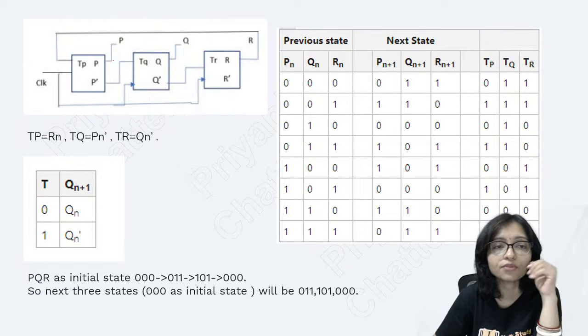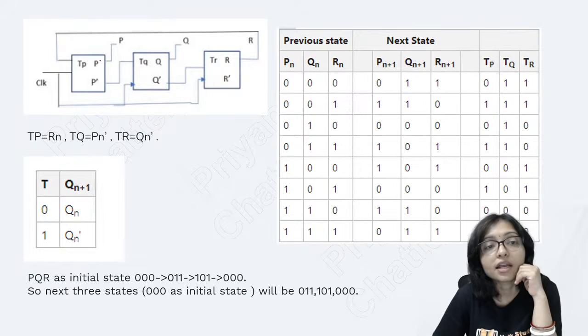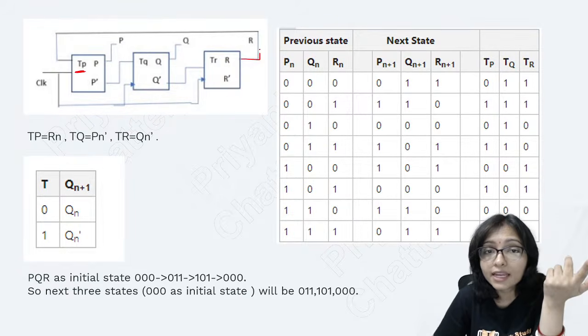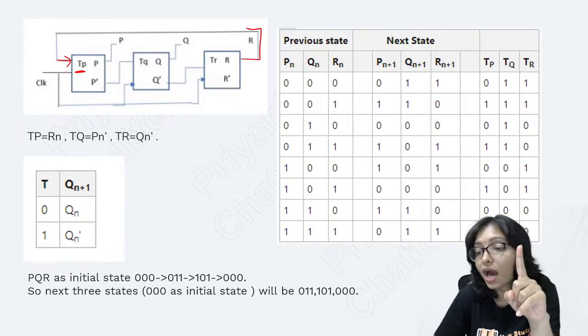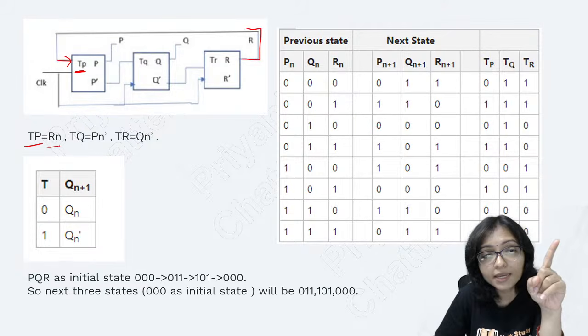See very carefully. Here TP is taking the input of R. TP is checking for R. That's why TP is Rn. What is TQ? TQ is taking from P bar.